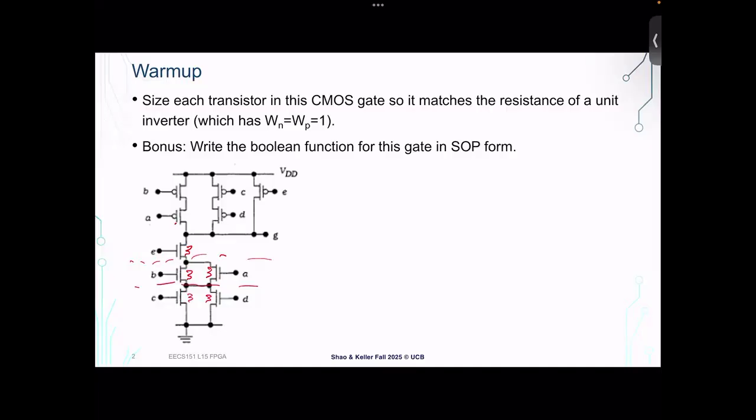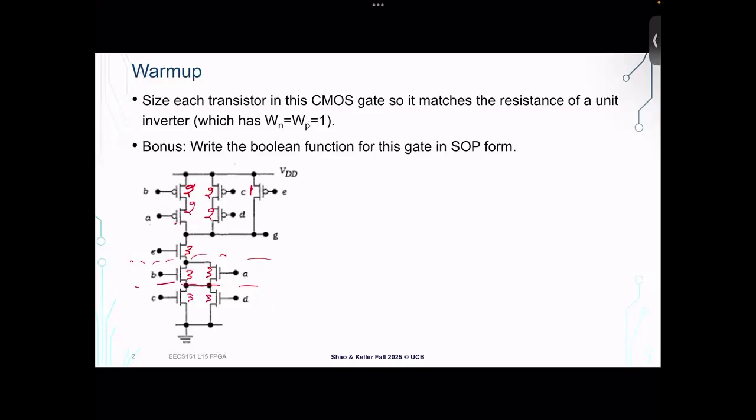So can someone give their answer, how they sized the transistors in the PMOS, the pull-up network? Looks good to me.